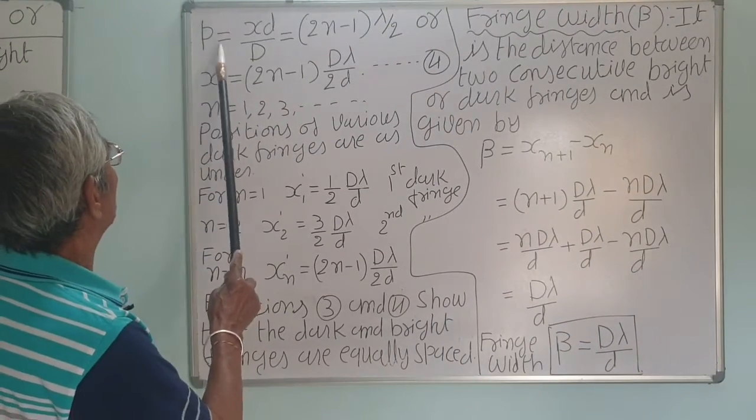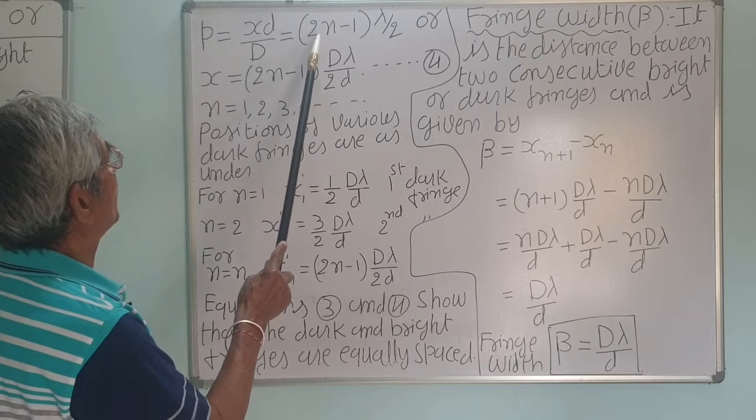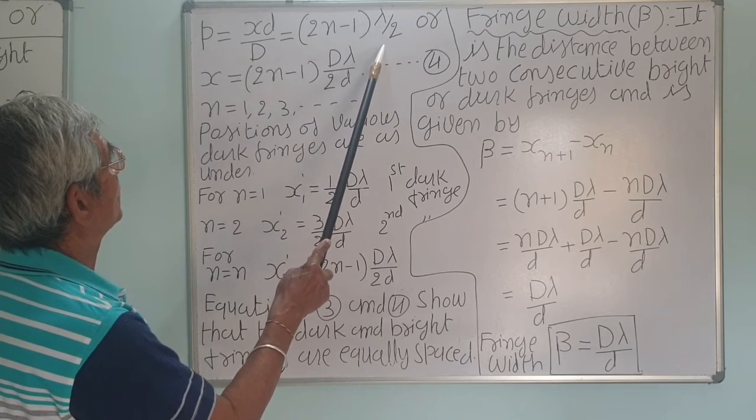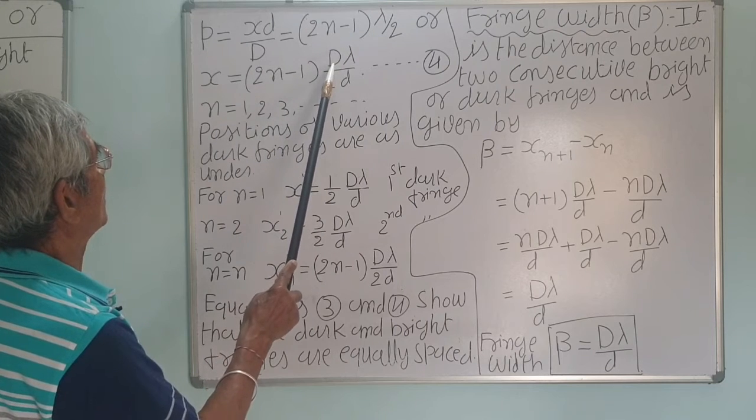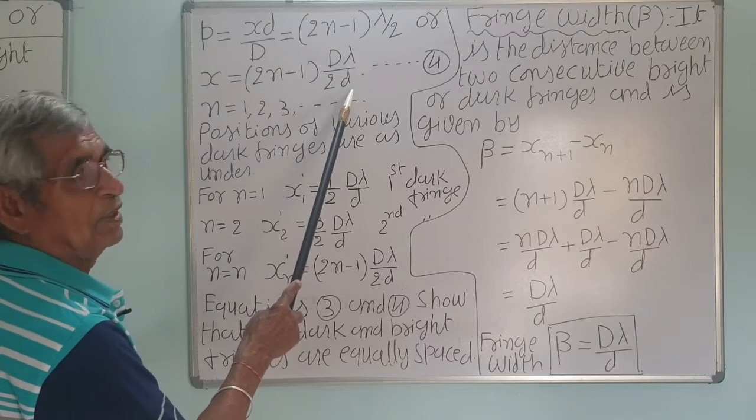If the path difference xd upon D is (2n minus 1) lambda by 2, then x is equal to (2n minus 1) D lambda upon 2d. Correct?